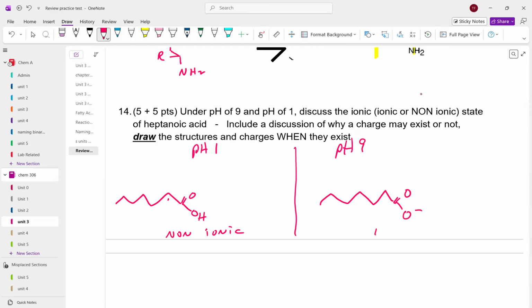So this would be ionic. So basically we had something like sodium hydroxide here. That guy took this H over here and formed water.